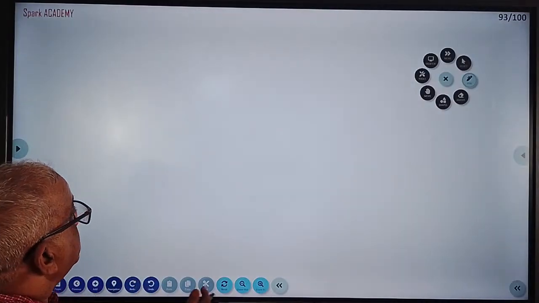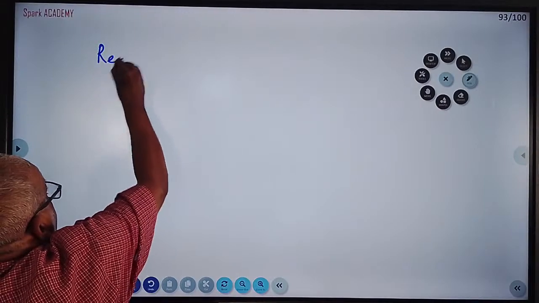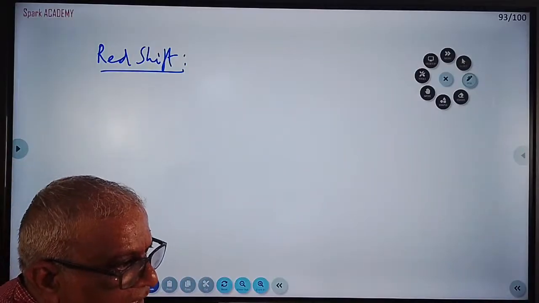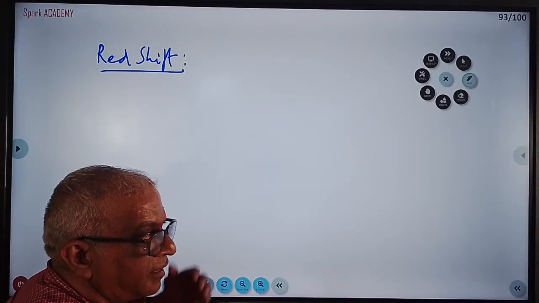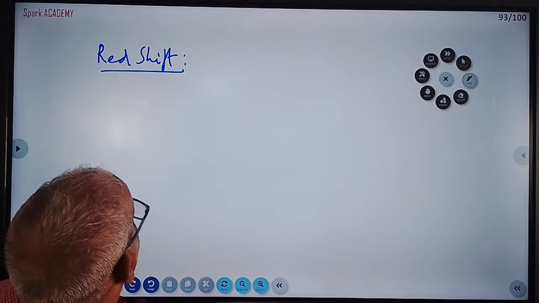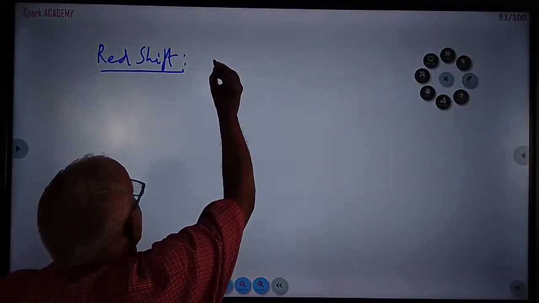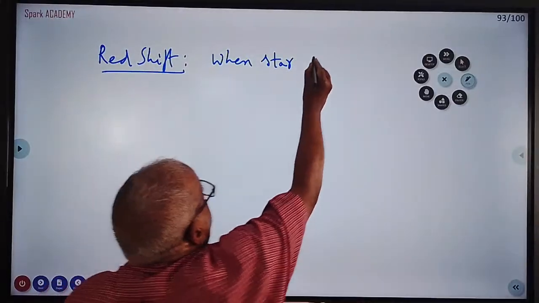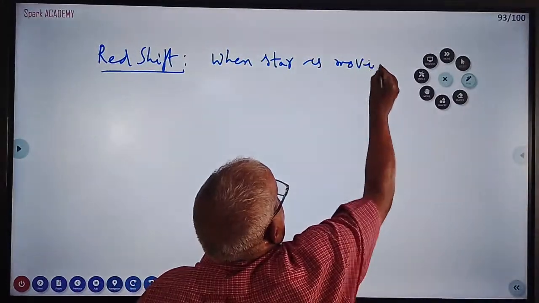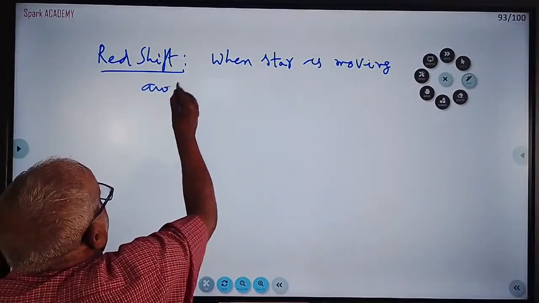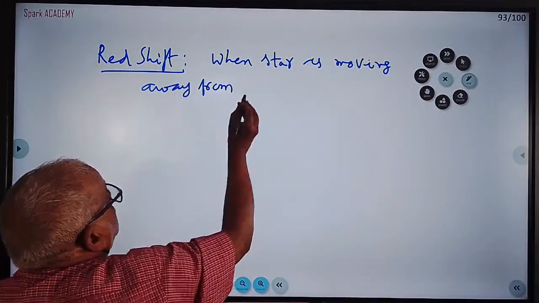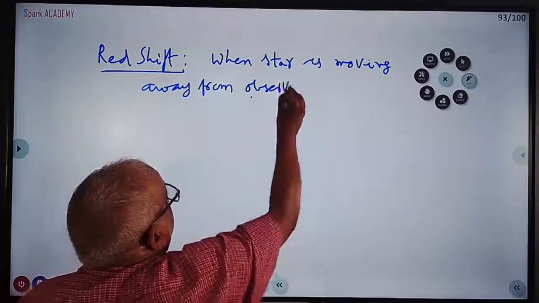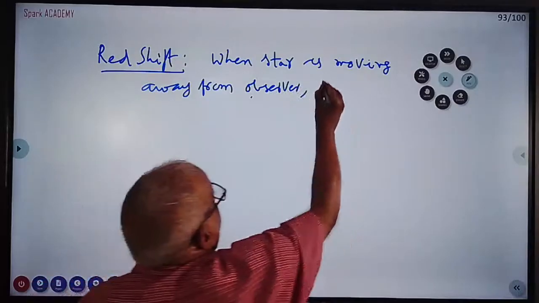I am taking the next page, red shift. What is meant by red shift? Red color is having maximum wavelength. In VIBGYOR, violet, indigo, blue, green, yellow, orange, red, in that red is having more wavelength. So red shift means: when a star is moving away from us, us meaning observers, wavelength increases.